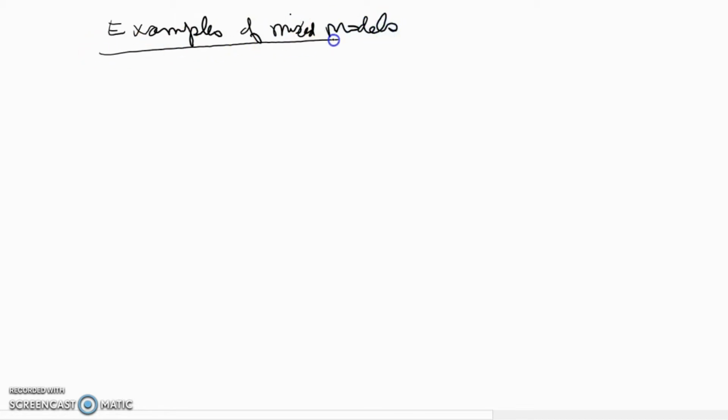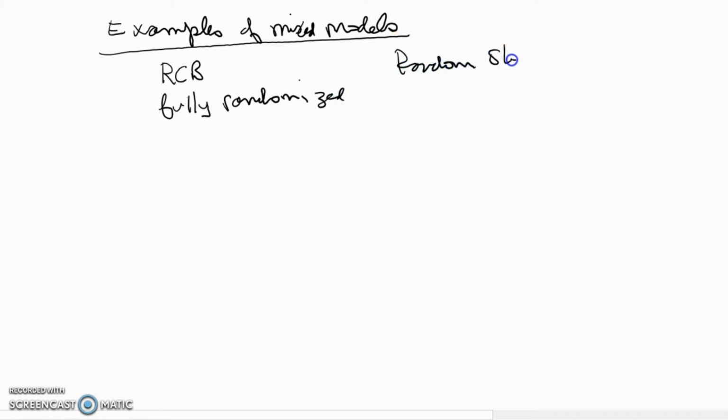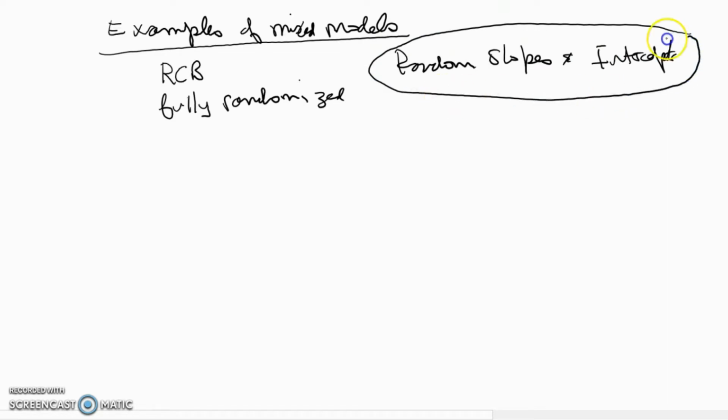In that section, there are three examples of mixed models: randomized complete block, fully randomized design, and random slopes and intercepts. And this is the only one we're going to look at because I'm pretty sure you're familiar with randomized complete blocks and fully randomized designs.